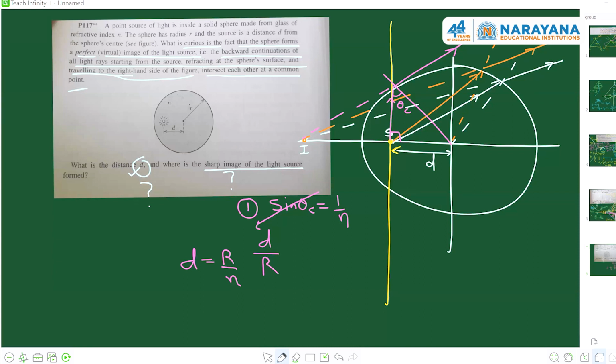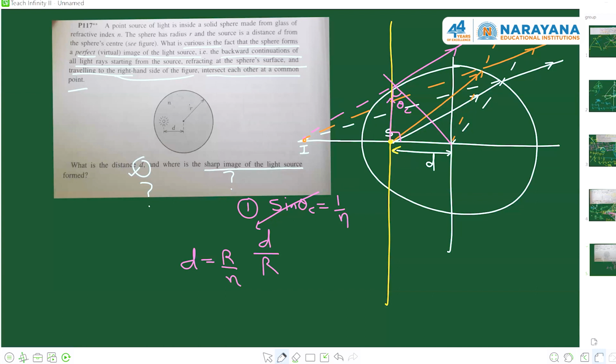Now, first of all, let me go back to the question again. Forget this equation, I'll come back to it. First of all, let's understand whether all these rays can form a single image, and what equation I should write for them to form a single image.